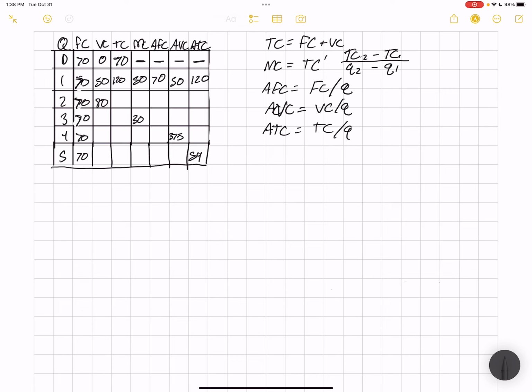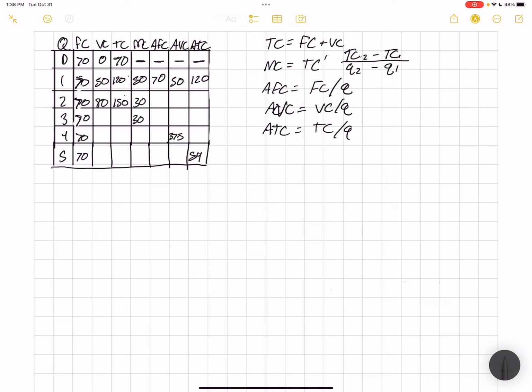So for the second one, our given number is 80. We know our fixed cost will be 70, so our total cost is our fixed cost plus our variable cost. And 70 plus 80 equals 150. Our marginal cost is the difference between our total cost here and our total cost here. 150 minus 120 equals 30.